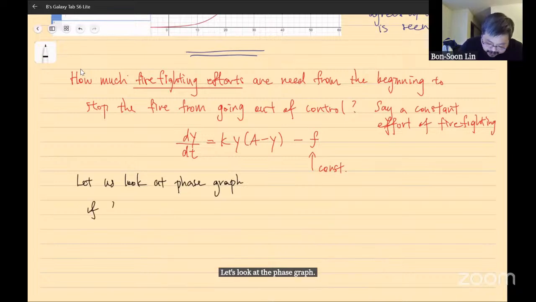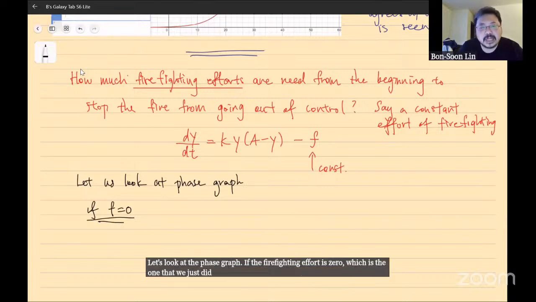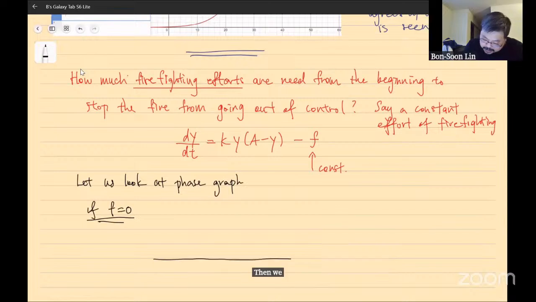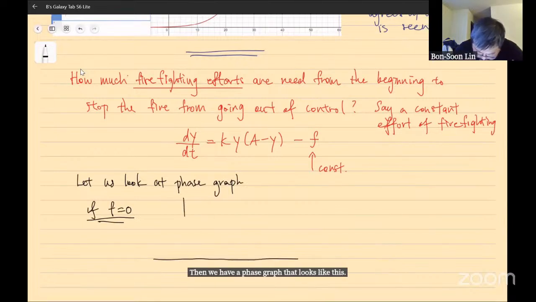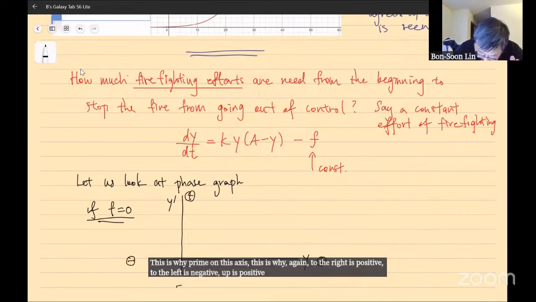If the firefighting effort is 0, which is the one that we just did, completely no firefighting efforts whatsoever, then we have a phase graph that looks like this. Let me draw it. This is y prime on this axis. This is y. Again, to the right is positive, to the left is negative, up is positive, down is negative.